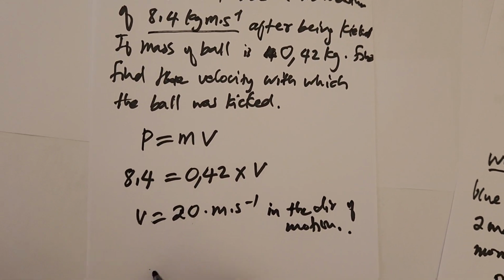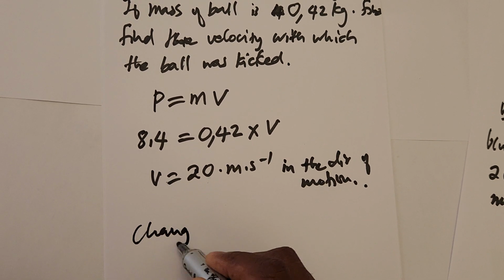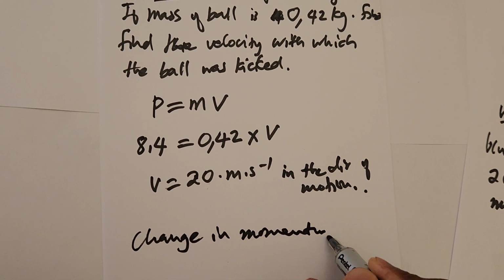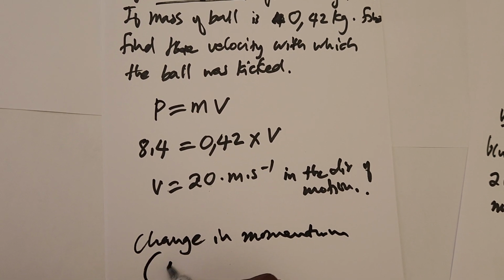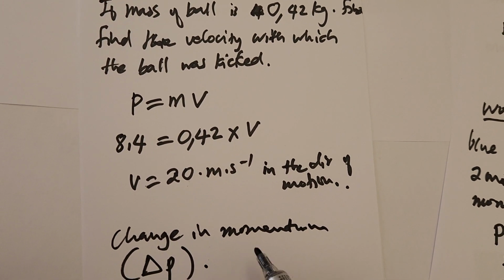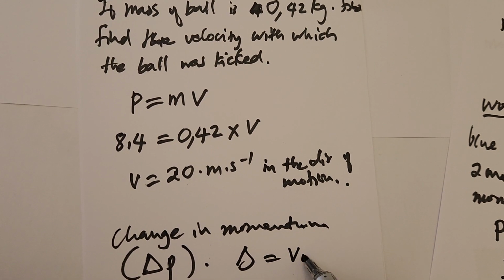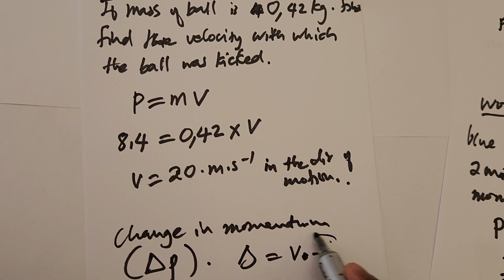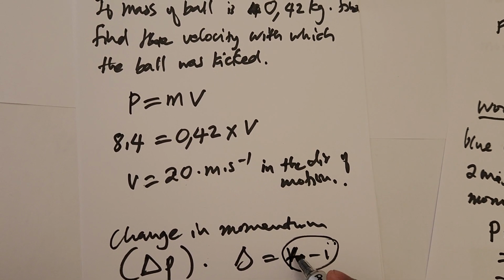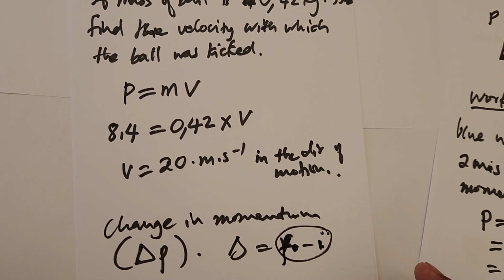Very important. We'll deal with the issue of change in momentum, which is your delta P. We know that delta is the final minus the initial. So, very important: final momentum minus the initial momentum. We'll talk about that.